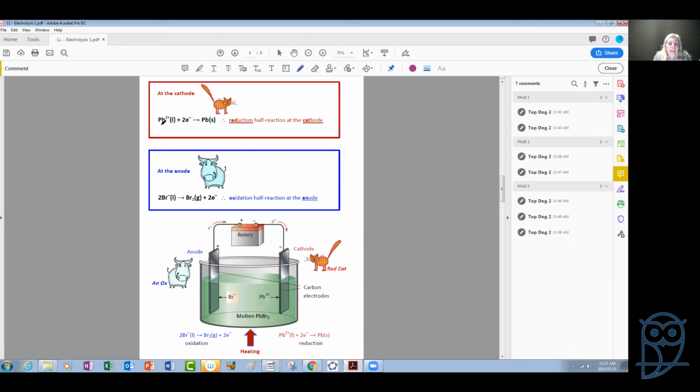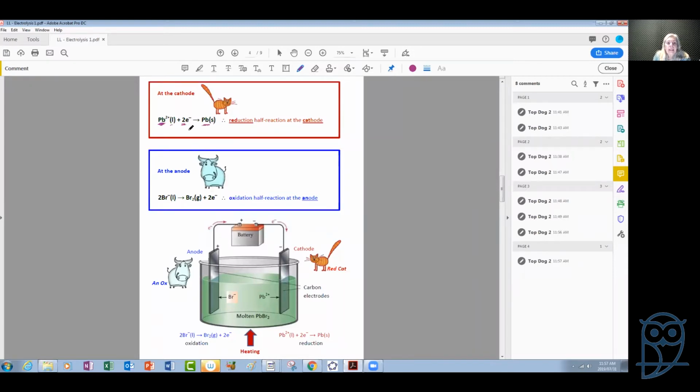Here we have lead in liquid form because it's molten. Each lead ion picks up two electrons from the cathode, and the result is the formation of lead metal. That is why it says solid.